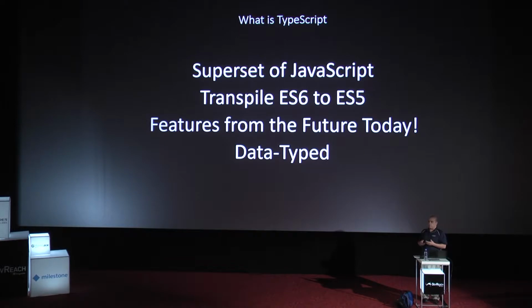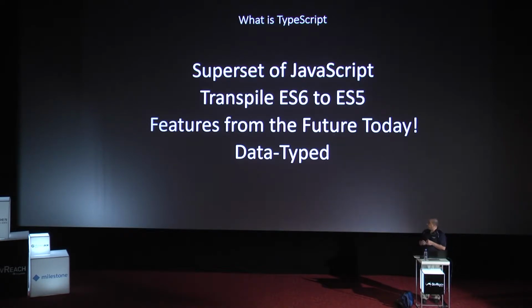And as we know, those committees can take time to agree to things. So what TypeScript allows you to do is get some of those features ahead of time, before they're agreed upon on the implementation. What happens behind the scenes is the TypeScript compiler will take those new features and convert them into modern day JavaScript, as we'll see in a little bit.